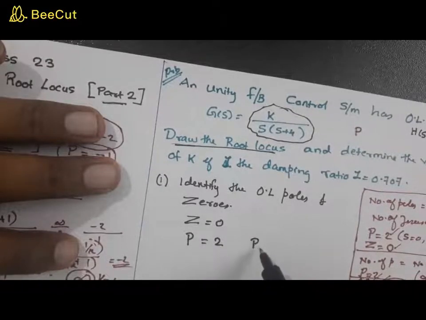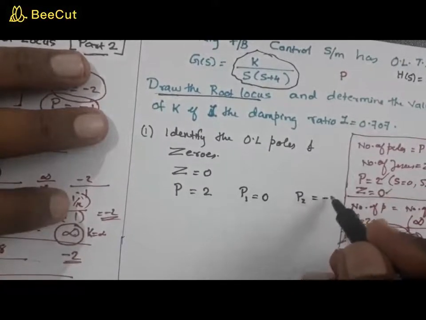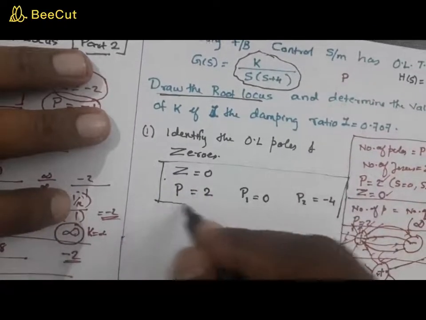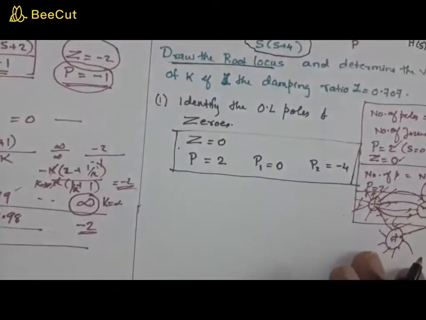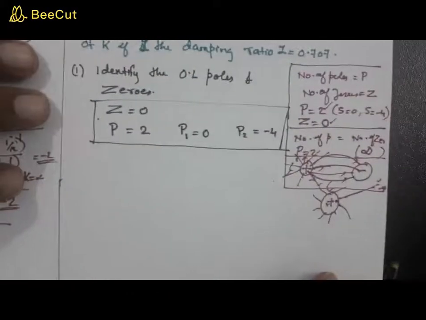Let us designate those poles as P1 and P2. Equating this to 0, you will get P1 equal to 0, P2 equal to minus 4. So this is step 1, identifying the open loop poles and zeros.